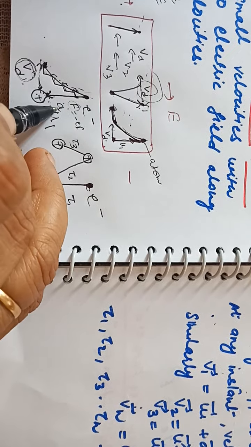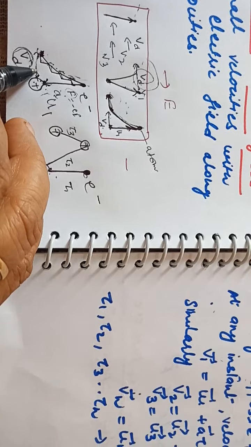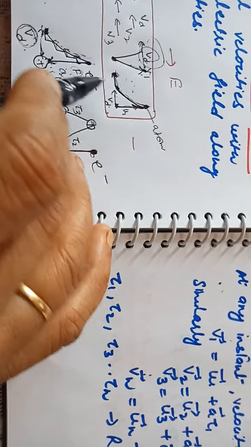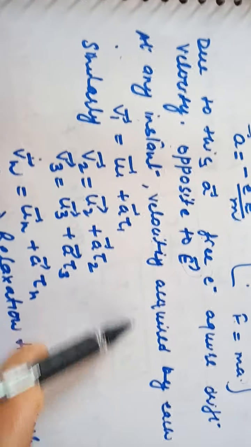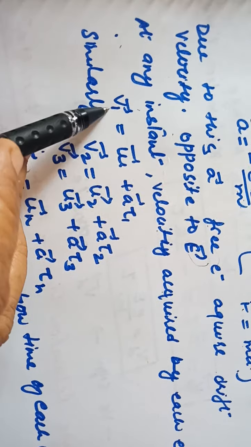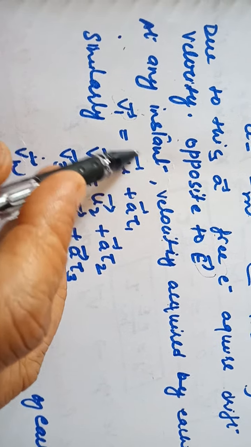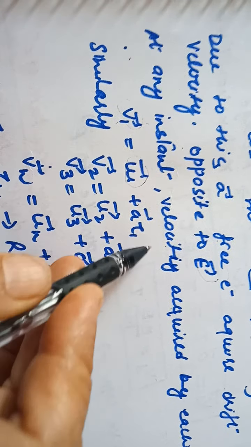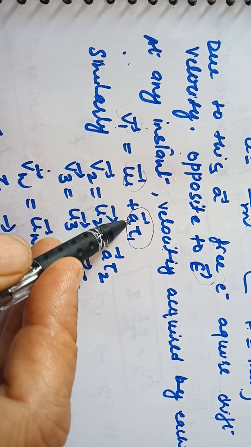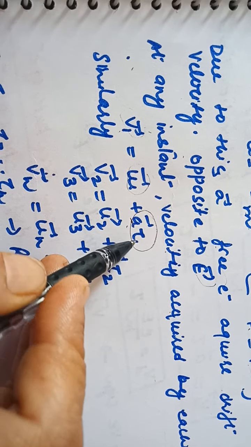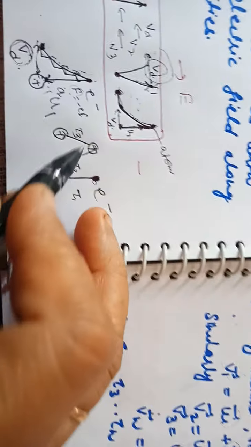So this velocity and this velocity together give the drift of one electron. At any instant, the velocity acquired by each electron, v1, will be the sum of the thermal velocity and the velocity acquired due to the acceleration, that is a tau 1. What is tau 1? That I am going to discuss here.